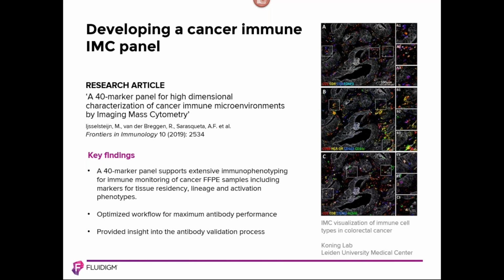In addition, the panel included surrogates of cancer cell states as well as tissue-specific markers for cellular contextualization within the tissue. The authors also describe an optimized workflow for maximum antibody performance as well as providing insights into the antibody validation process.